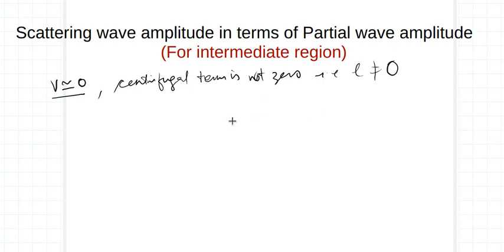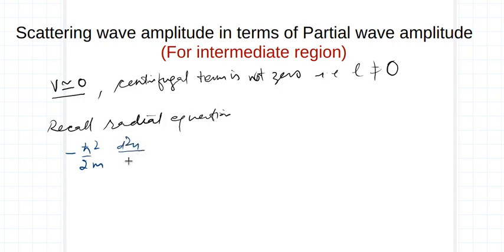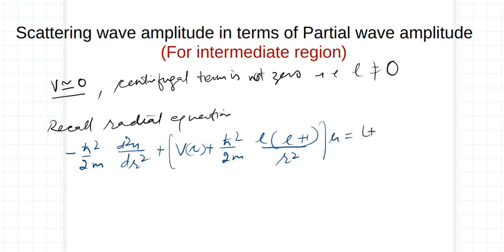And if I recall the radial equation, let me recall. The radial equation is minus h cross square by 2m d square u over dr square plus V(r) plus h cross square by 2m L into (L plus 1) by r square, into u is equal to E u.